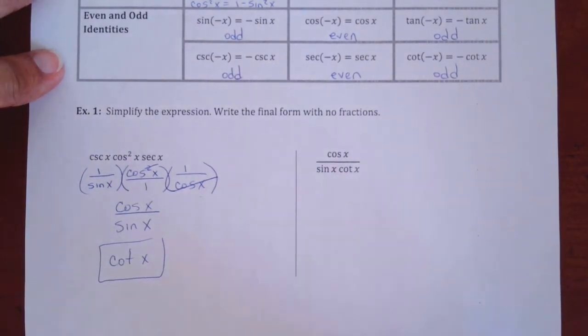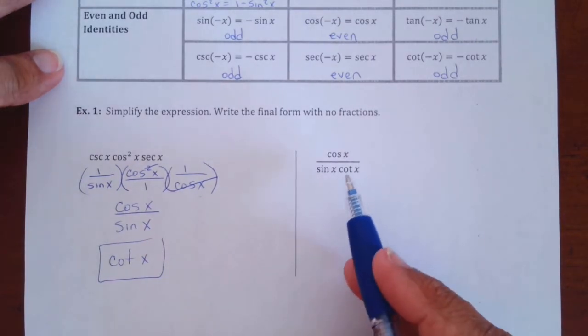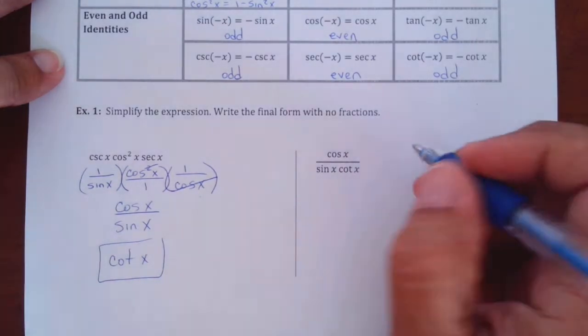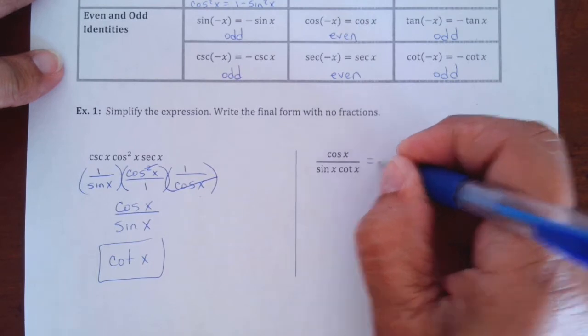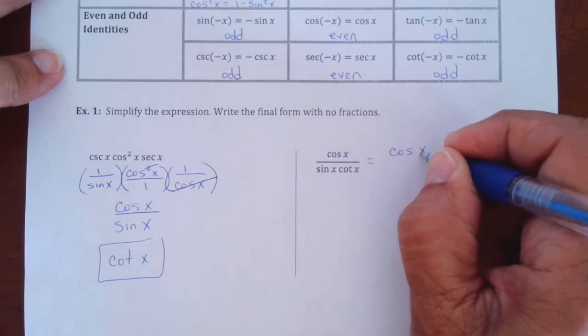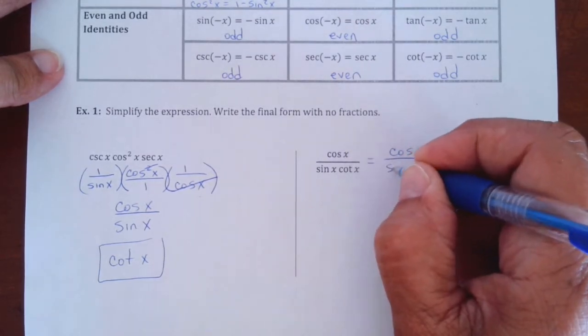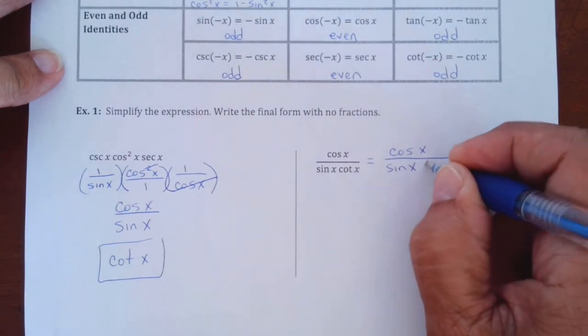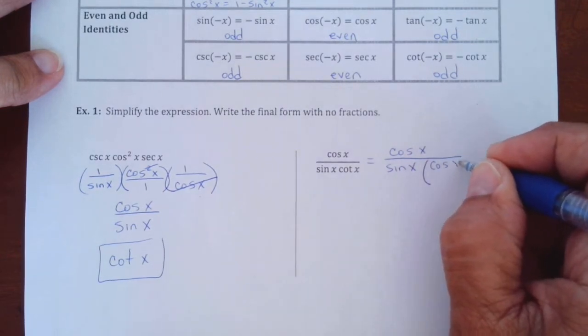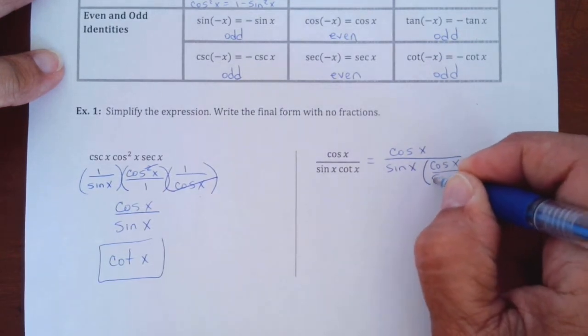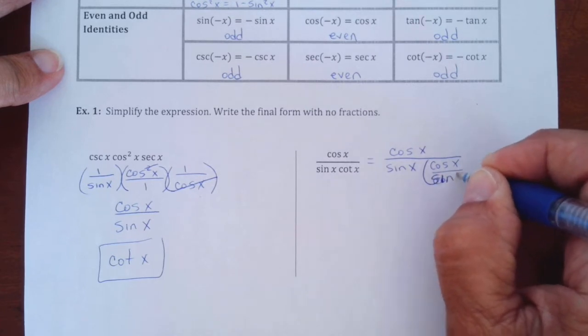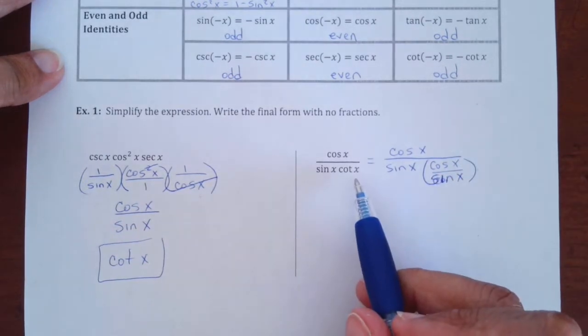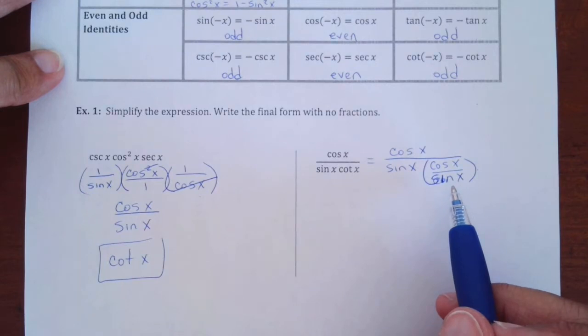Okay? All right, look at the next one. I'm going to change cotangent to terms of sine and cosine. So I'm going to have the cosine of x in the top over the sine of x, times the cosine of x over the sine of x. Again, cotangent is cosine over sine.